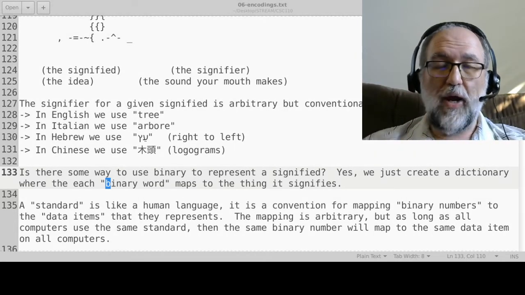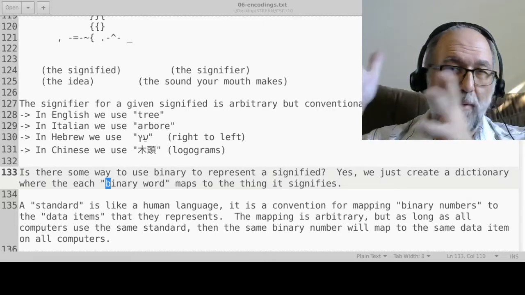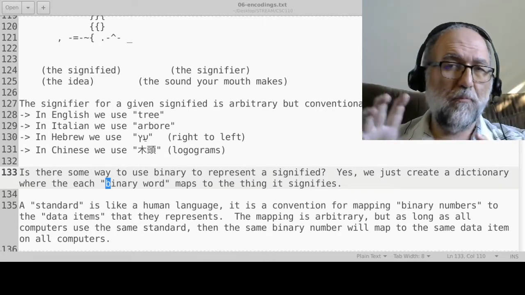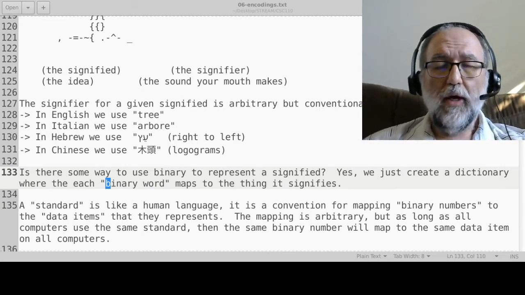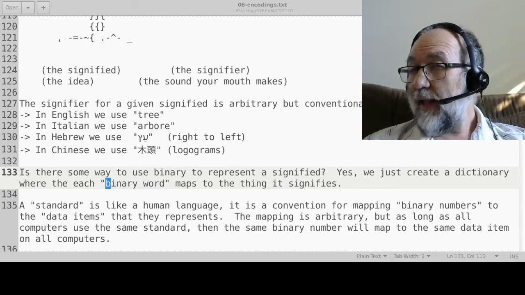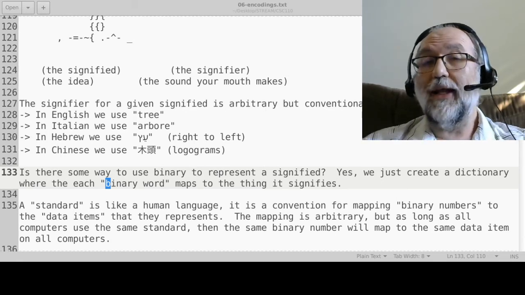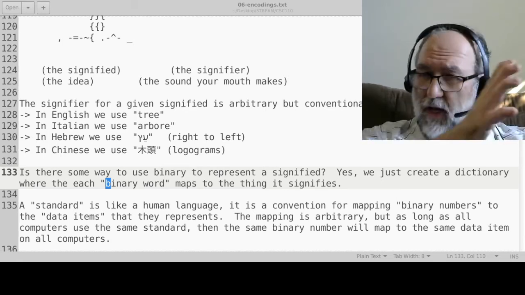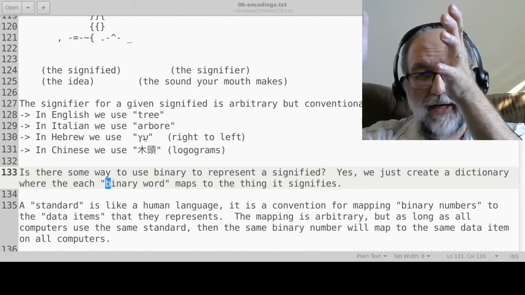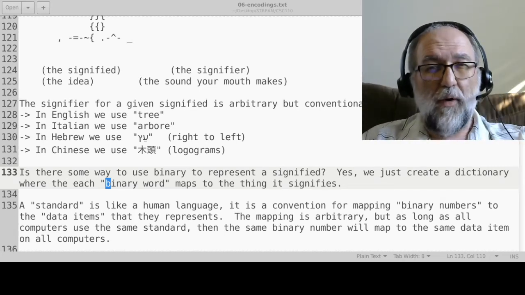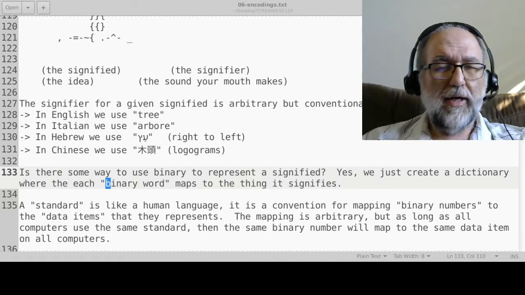We're going to create this dictionary, which is a representation of all the information that we want to represent with the computer. One side of the dictionary is the language of the computer, which is ones and zeros, and in the other column is the thing that it represents. So you got that idea.